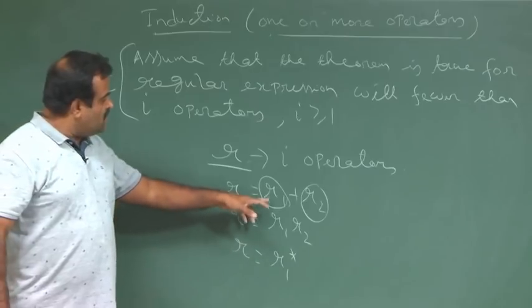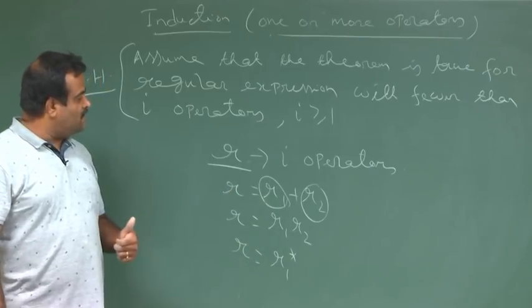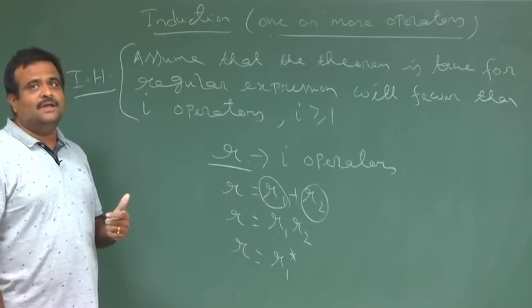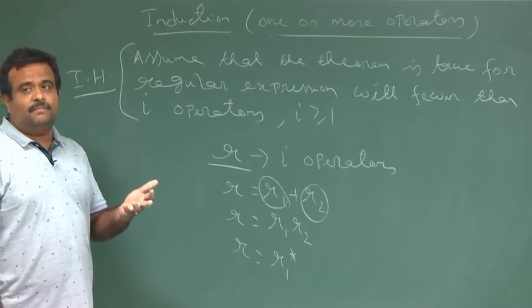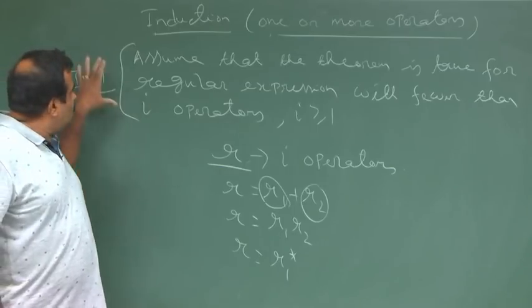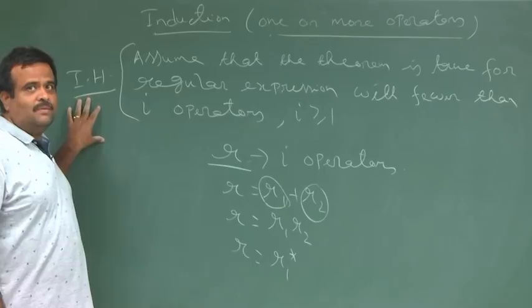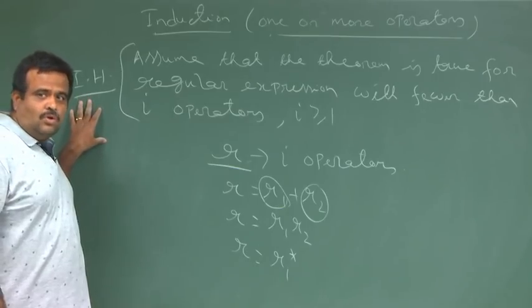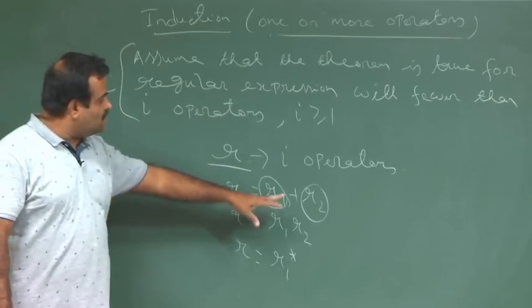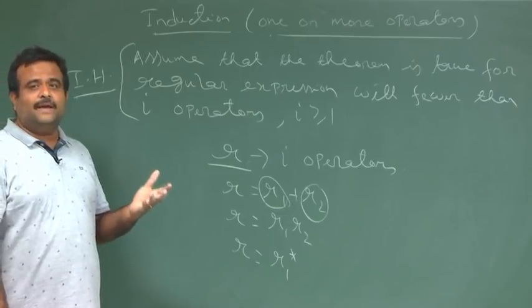So, when we talk about the individual parts, they must have at most I minus 1 operators, and for those we have the hypothesis that for R 1 and R 2 we have the epsilon NFA.